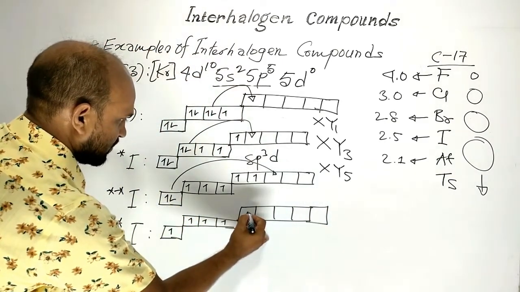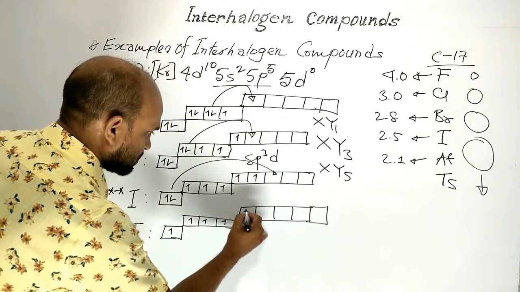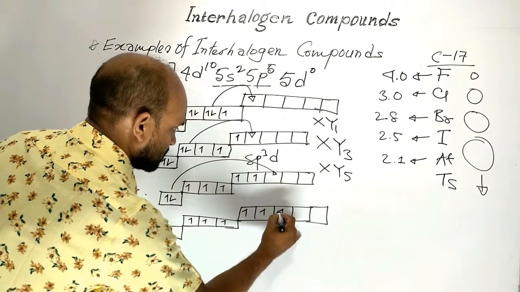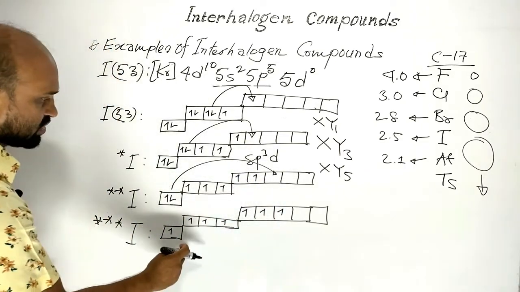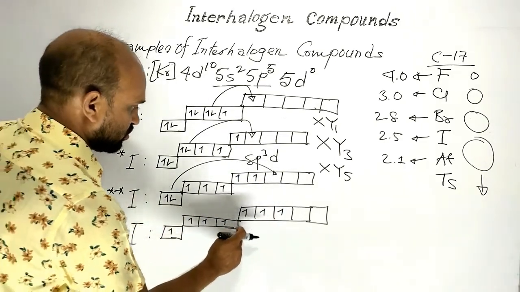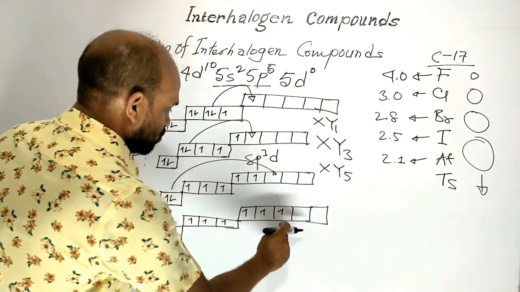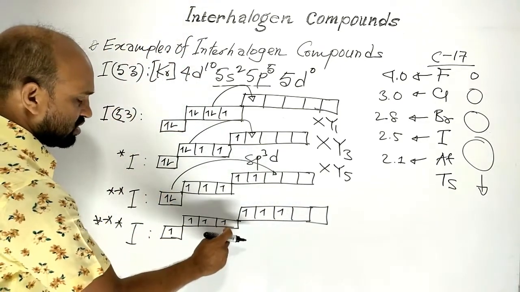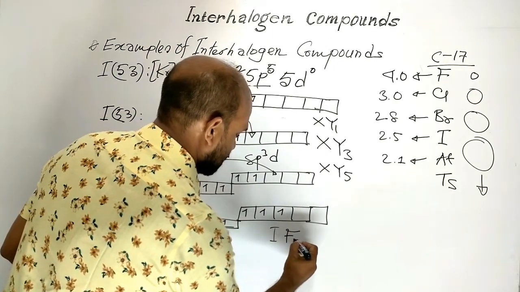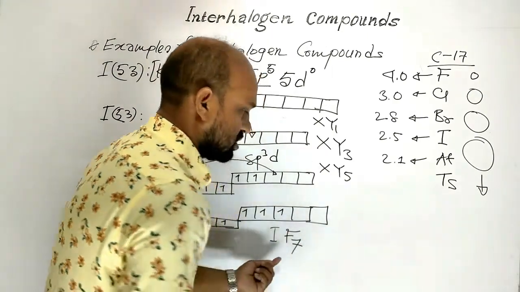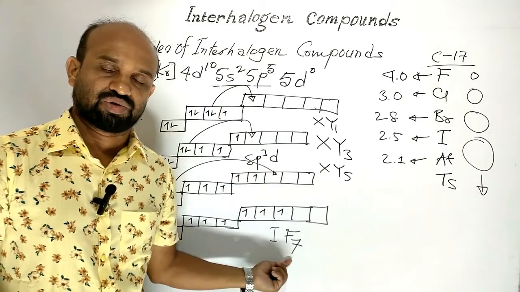Here the first three 5d orbitals contain one electron each. Now in the outermost shell of iodine, there are a total of 7 unpaired electrons: 1, 2, 3, 4, 5, 6, 7. With these 7 unpaired electrons, iodine forms 7 bonds with 7 fluorine atoms.